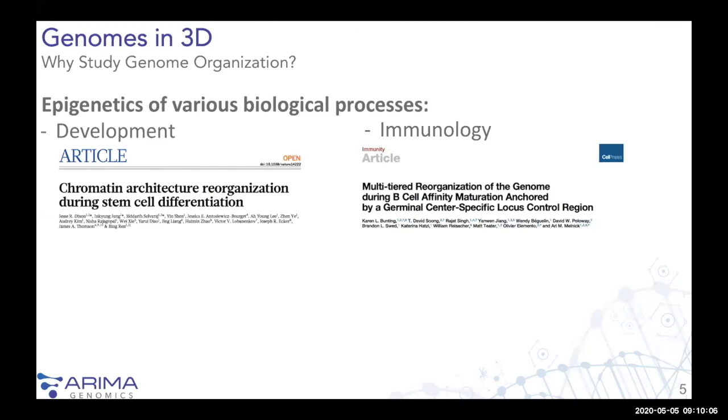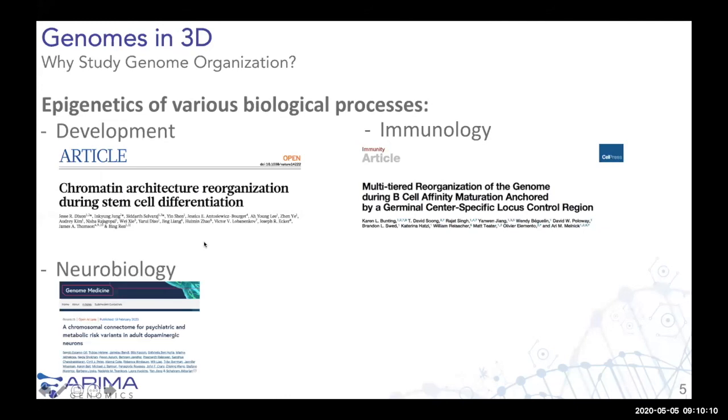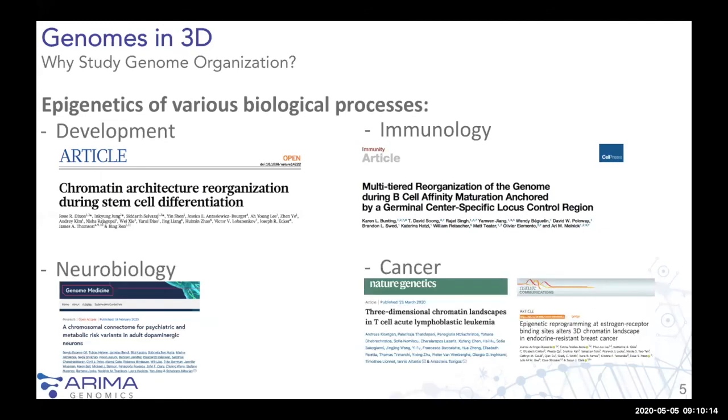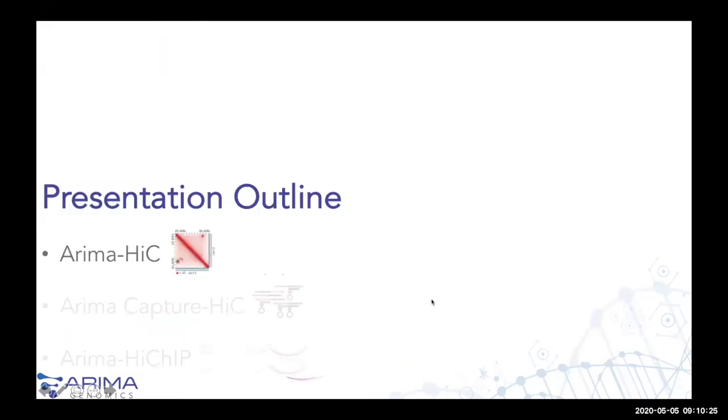In the context of immunology by one of the speakers here today. In the context of neurobiology from the Akbarian lab at Mount Sinai, and then also in the context of cancer, which we'll hear more about today. And here's a couple studies also from our speakers today, and I think we'll probably hear more about these later on. So getting to the underlying tools, which is what I'm going to introduce.